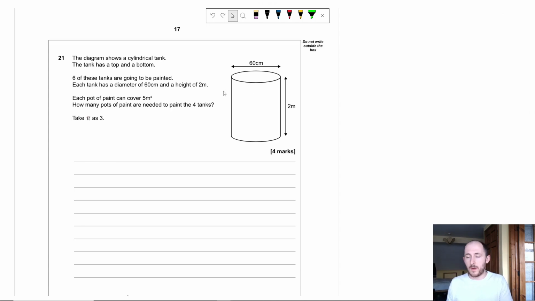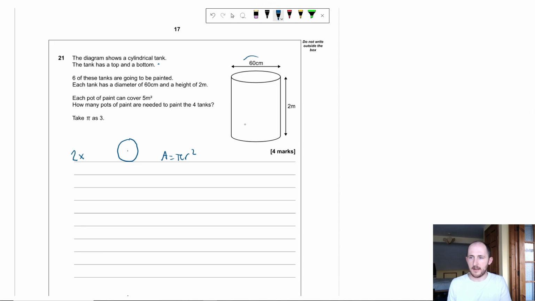So the question is, if we're painting something, are we looking at the volume or the area? We're looking at the area. Now with the surface area of a cylinder, you have 2 circles, which by the way is why it says it has a top and a bottom, because it's sealed. So we have 2 of these circles here, and the area of each is pi r squared.